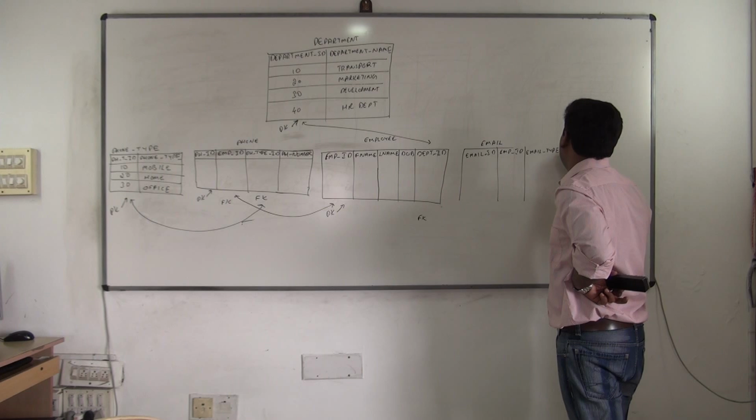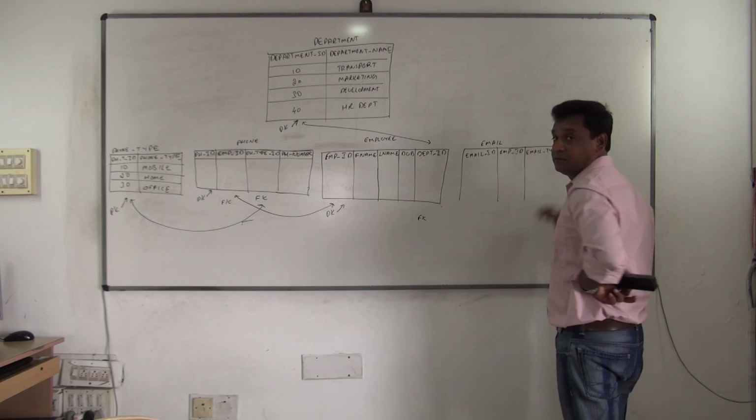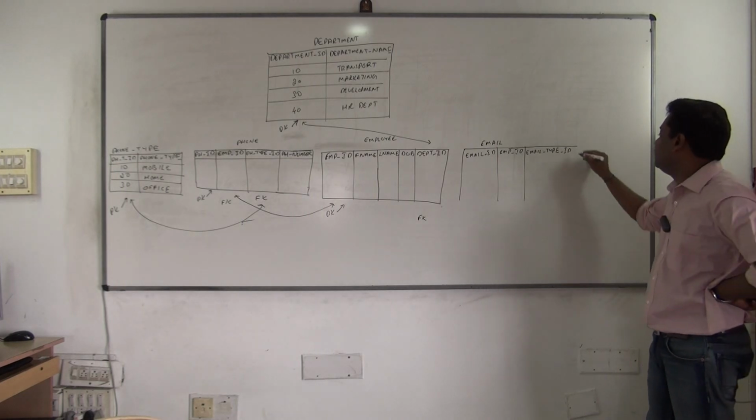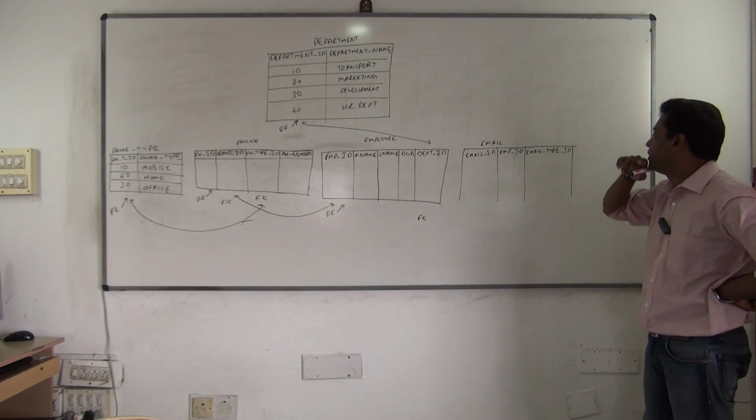This project will take around one week to understand CRUD operations. Just write the script today. Email_type_ID.